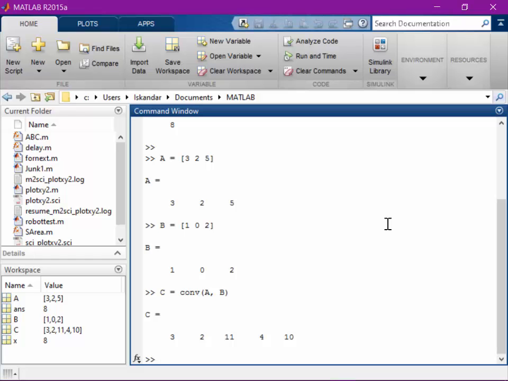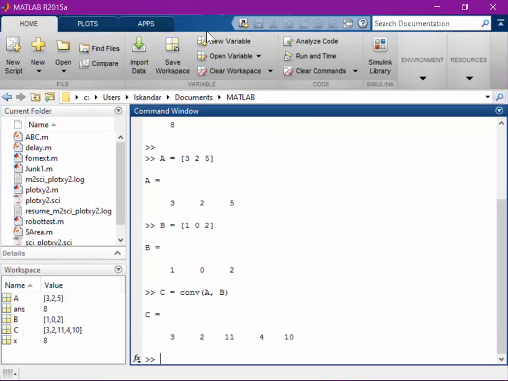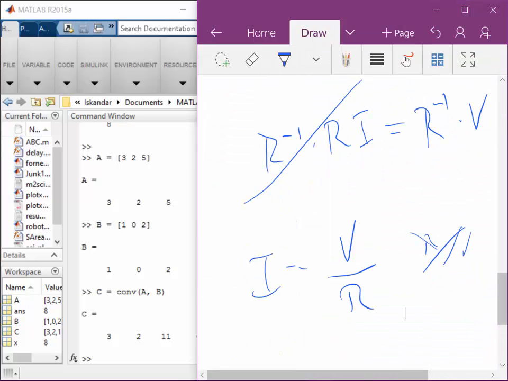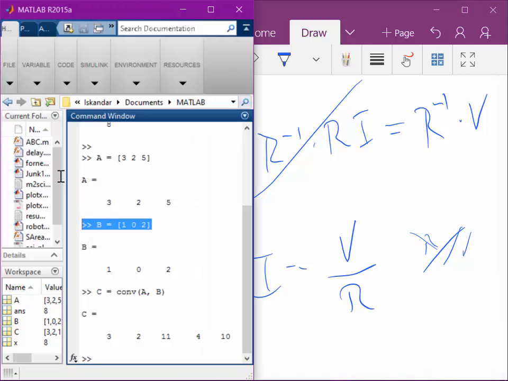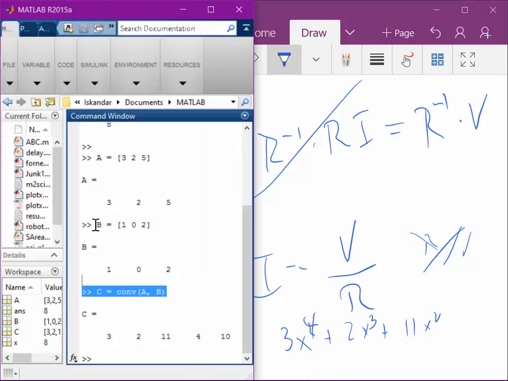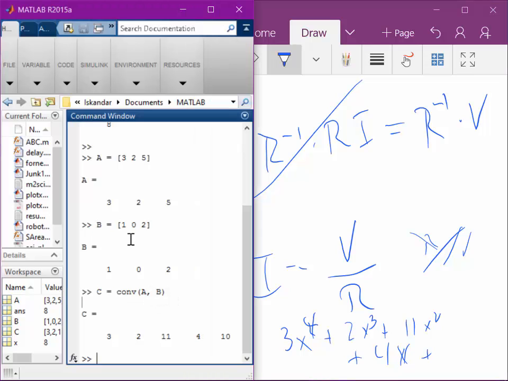And that tells me that my final expression should be my polynomial: 3x to the fourth, plus 2x cubed, plus 11x squared, plus 4x, plus 10.